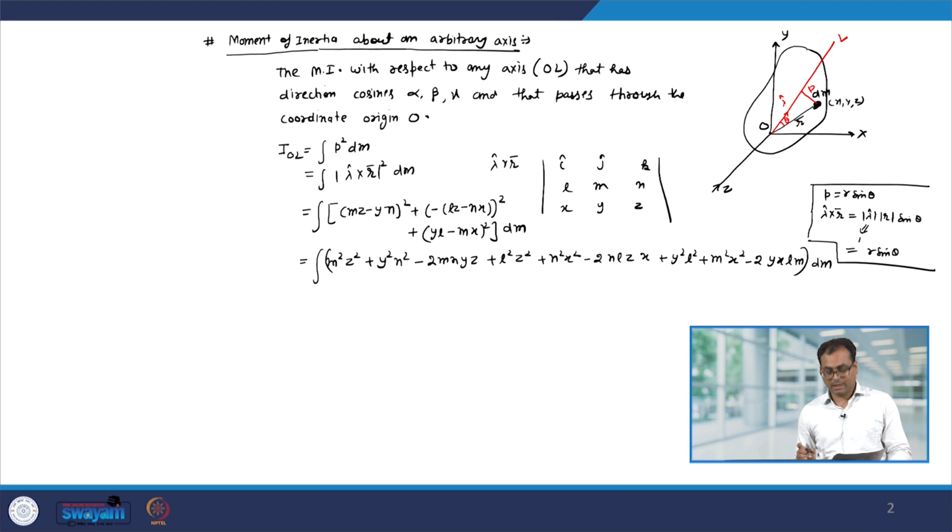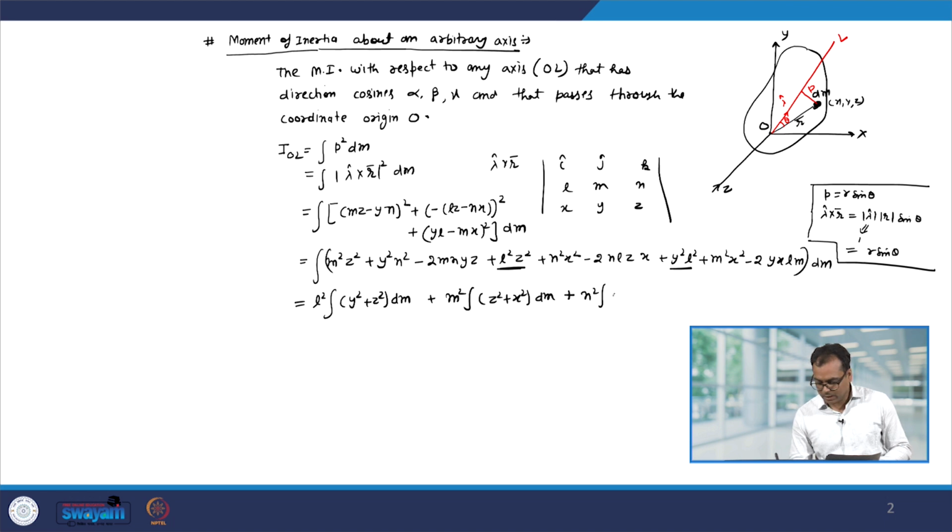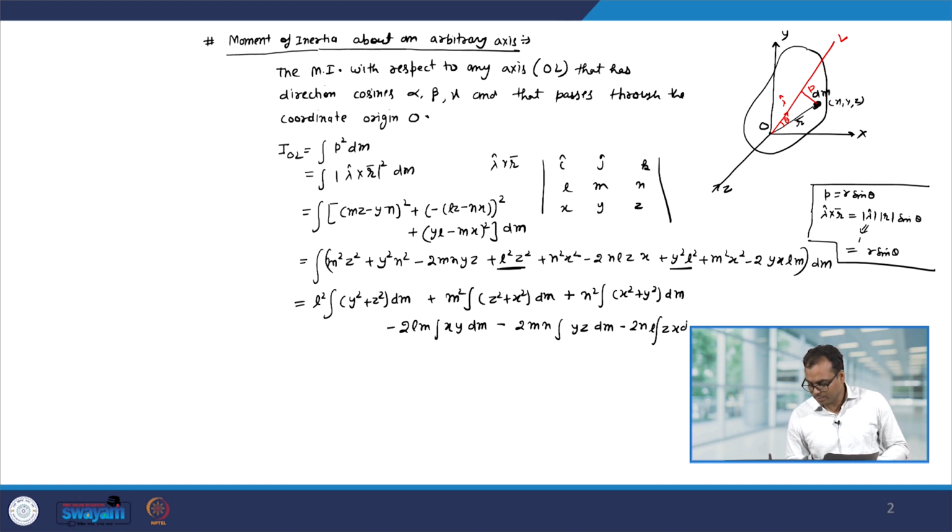So, let me collect the coefficient of L square, which I have taken outside the integral: integral of y square plus z square dm, plus m square integral z square plus x square dm, plus n square integral x square plus y square dm, minus 2lm integral xy dm, minus 2mn integral yz dm, minus 2nl integral zx dm.